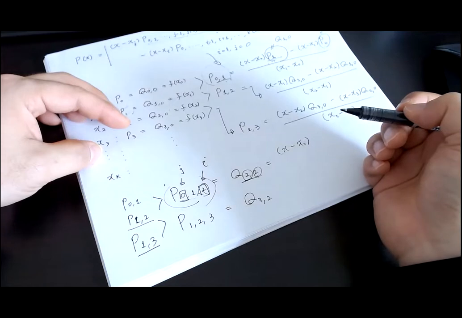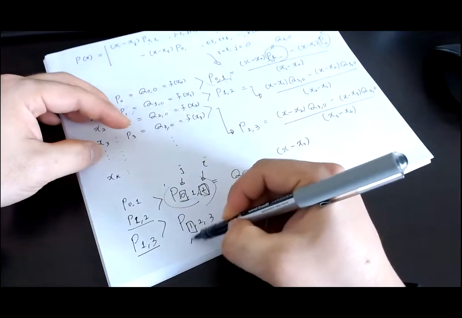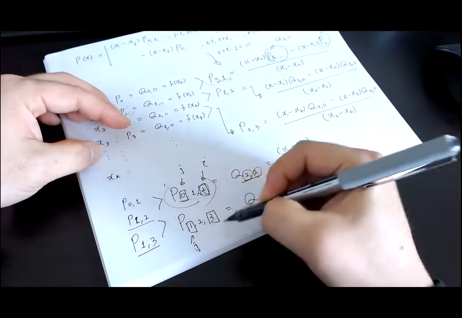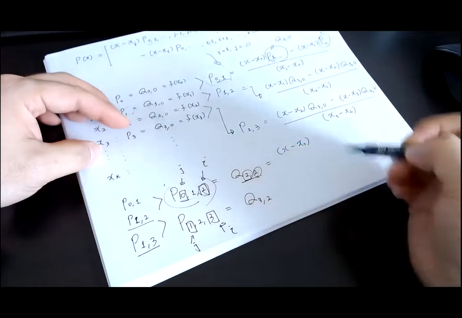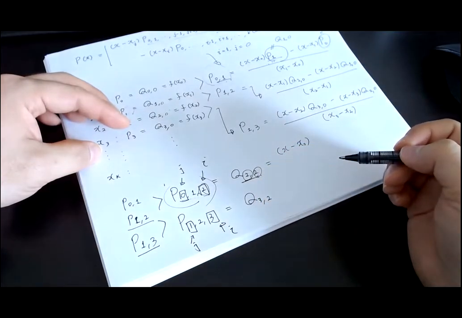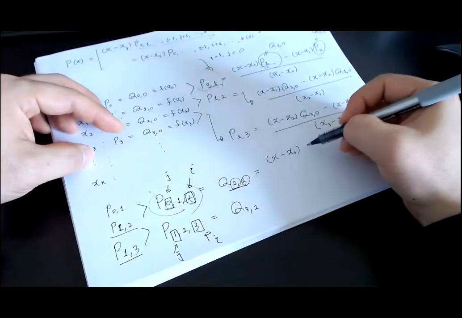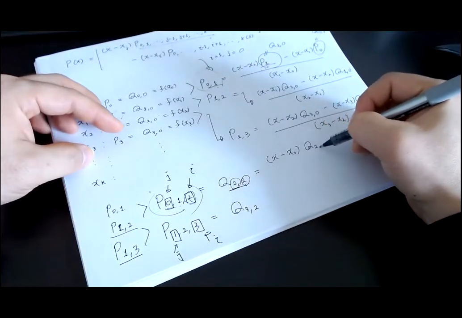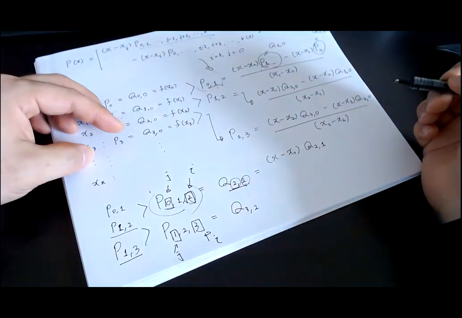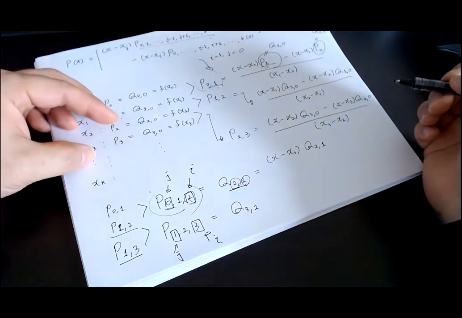Do you mind this? So this one is going to be j, and then the last sub-index as i. All right. So then it's just going to be x minus x0, and then Q what? 2,1. Is it? Q2,1.